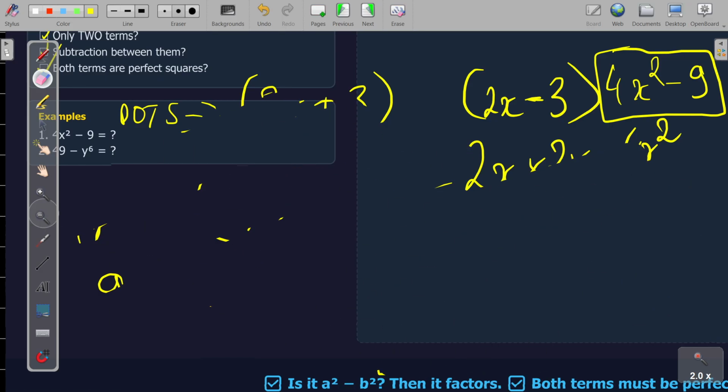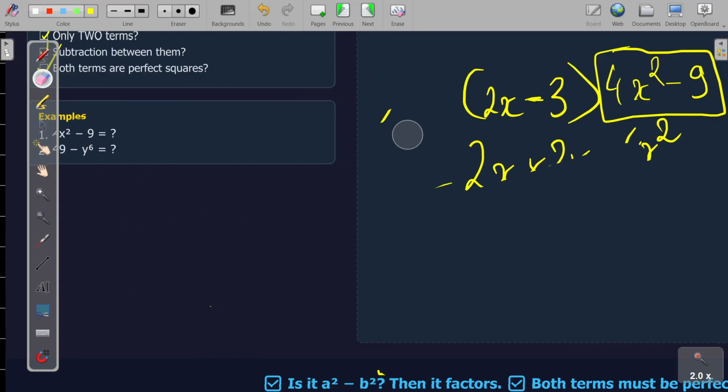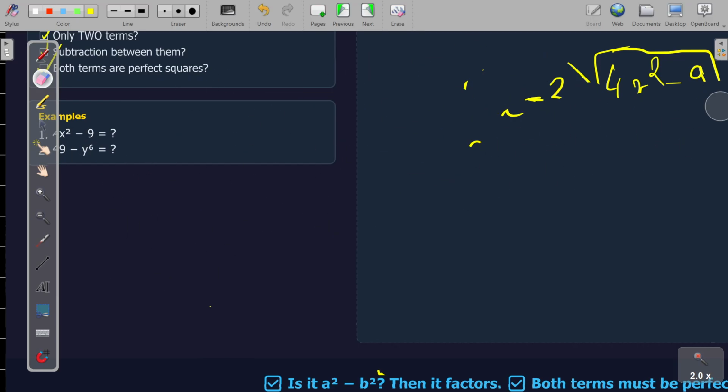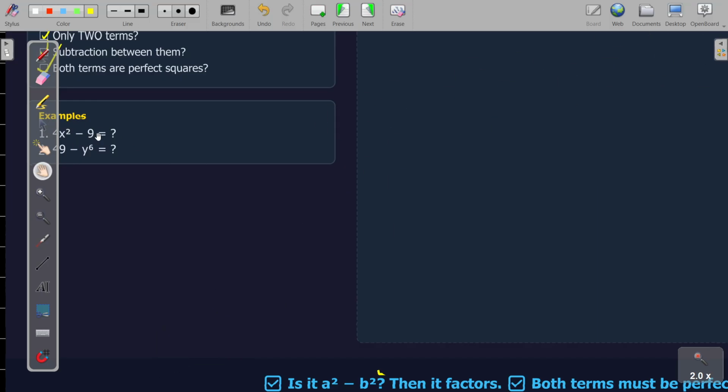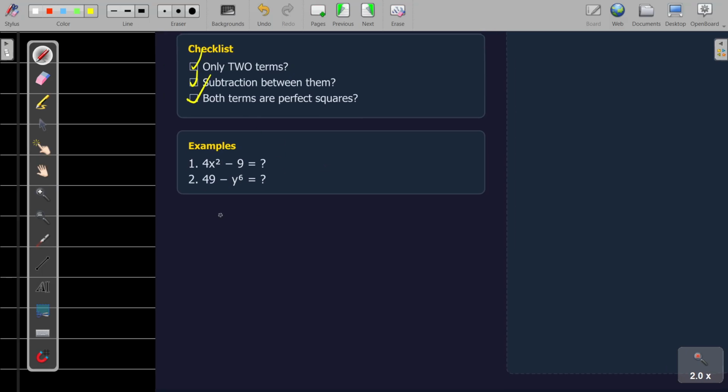Let's go into our other example. Now we run through our checklist. Are there only two terms? Yes, there are only two terms, 49 and minus y to the power of 6.